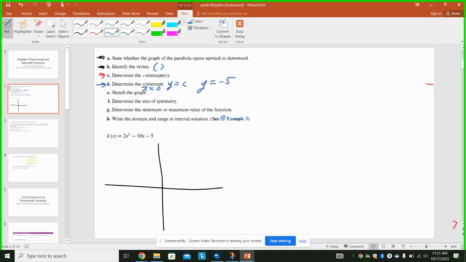So this was 2.5, comma, -17.5. So that will just be 3 over 1, 2, 3, 4, 5. I'm going to go by twos. 2, 4, 6, 8, 10, 12, 14, 16, 18.